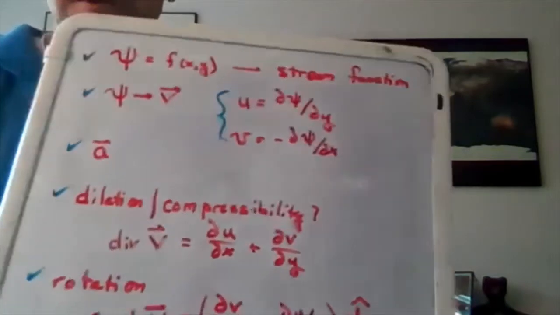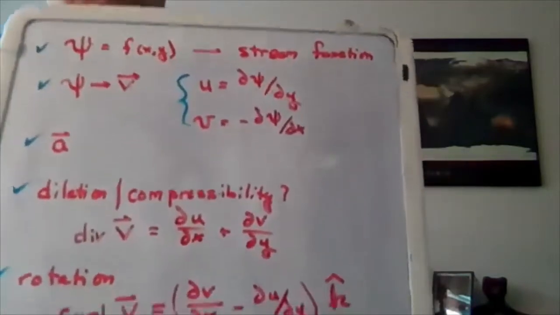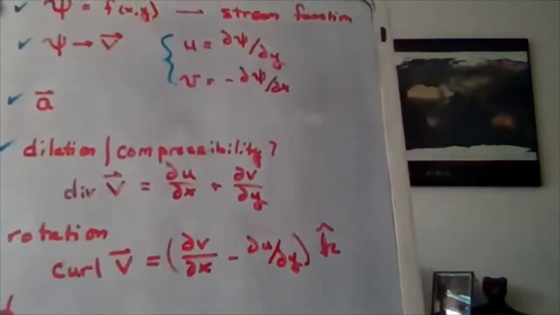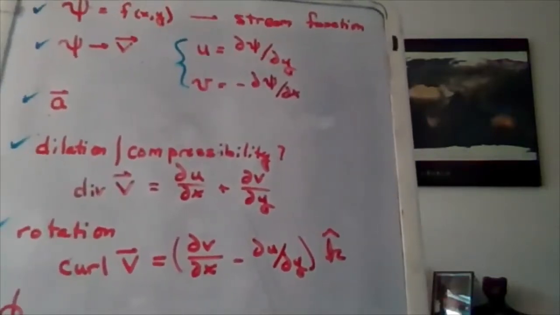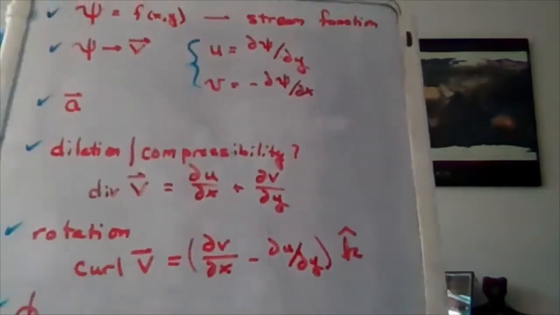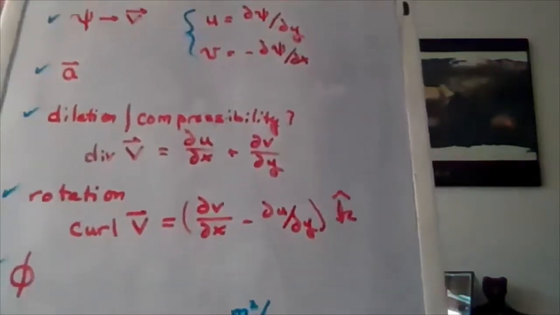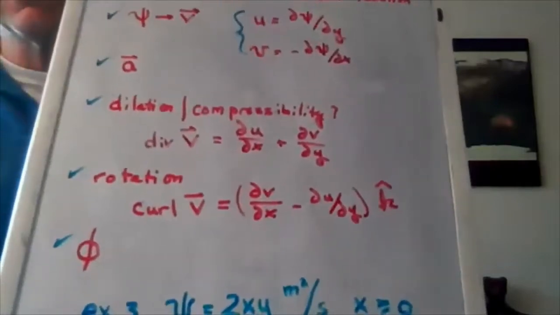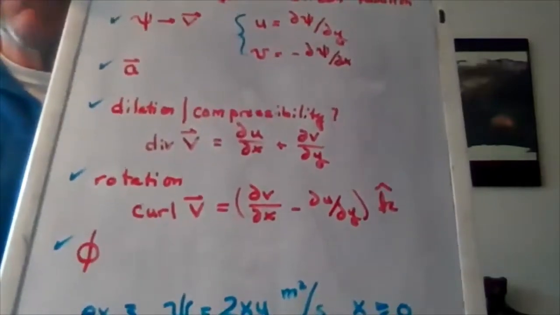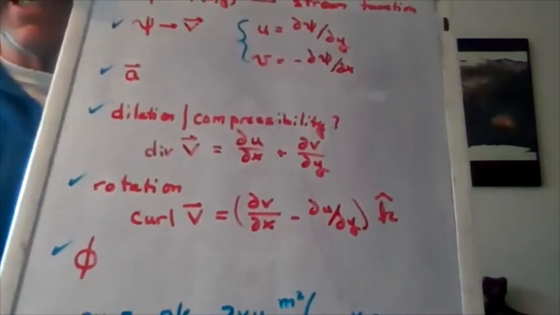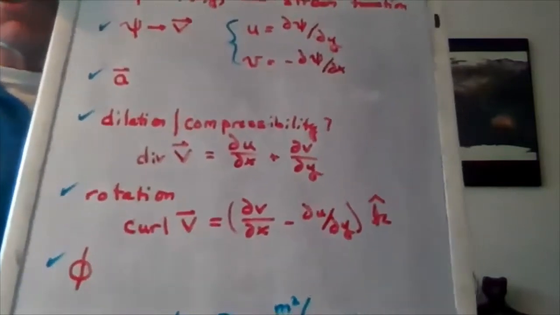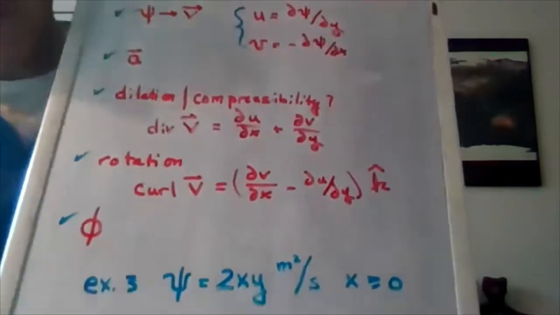In addition, we want to figure out whether the flow is rotational, which is a really big idea, and that's doing the curl of the velocity vector. For us, it simplifies to that form. And then, of course, the last thing we would like to be able to do is start taking a look at this velocity potential, that function there, another function, and we're going to get to that towards the end of the lecture.